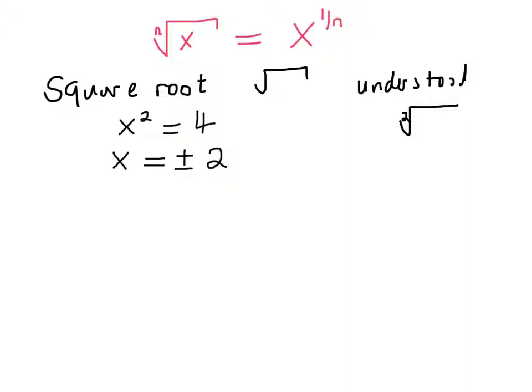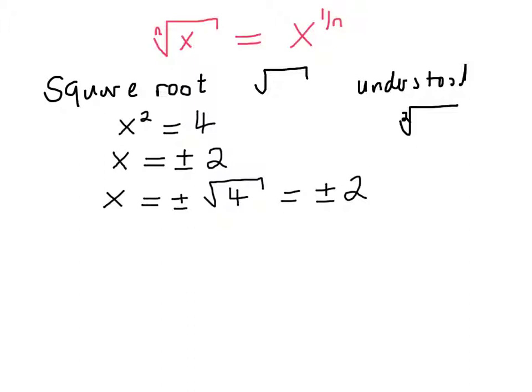Also what we write down, sometimes you've seen, is x equals positive or negative the square root of 4. And the square root of 4, if you do it on your calculator, is positive or negative the value 2. So square root reverses the square function.